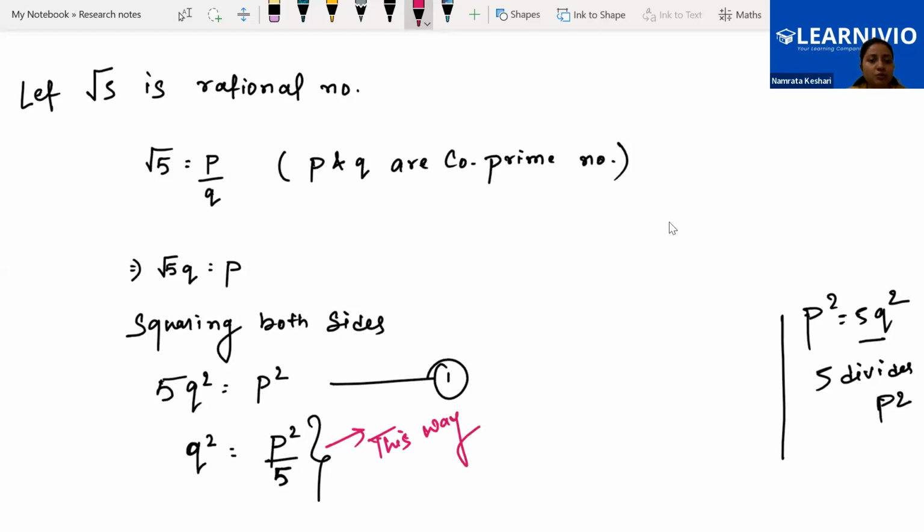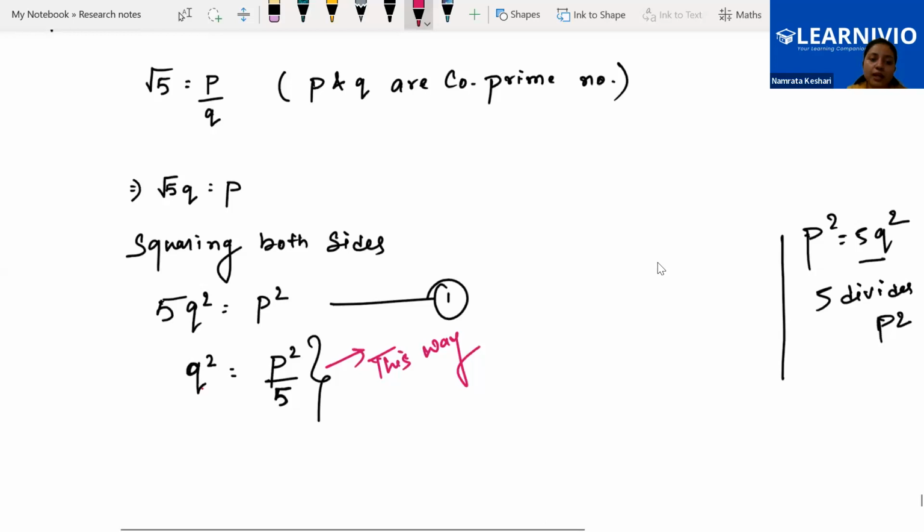Q square equals p square by 5. Now it is easier to write, which implies that 5 divides p square. No confusion. Yes or no? P square by 5 means what? 5 divides p square completely.